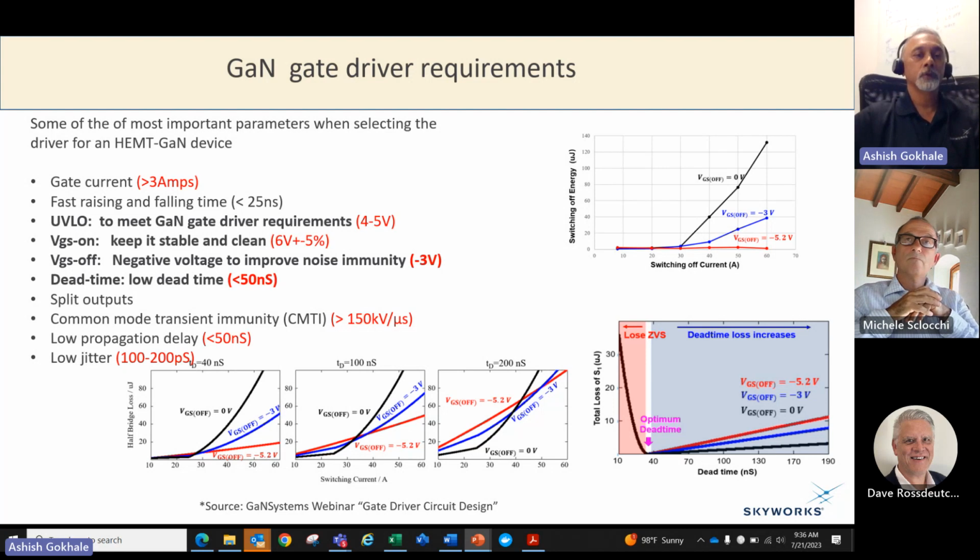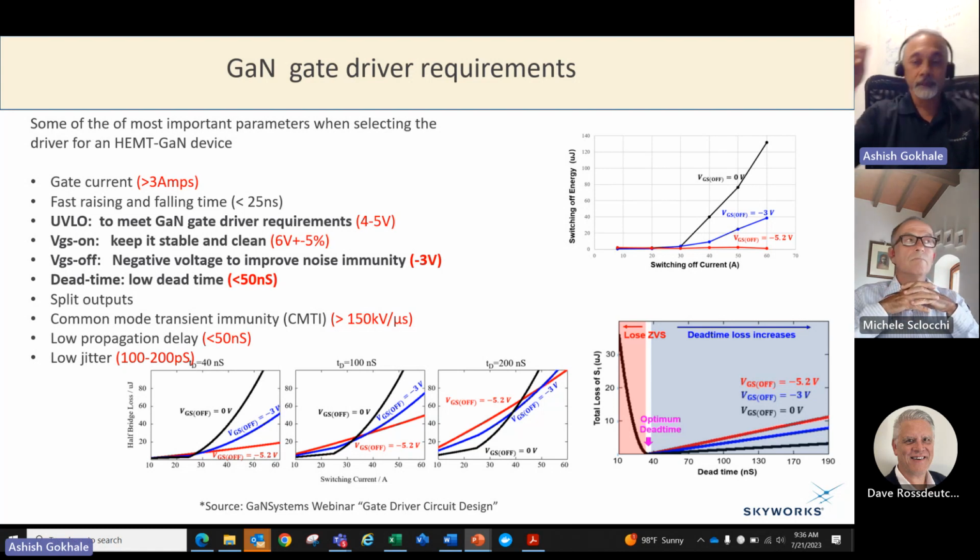Glitching can cause two problems. Number one, you lower the efficiency, because you lose pulses and therefore lose the modulation you designed in. You use GaN to increase the efficiency, so this would not be a good thing.